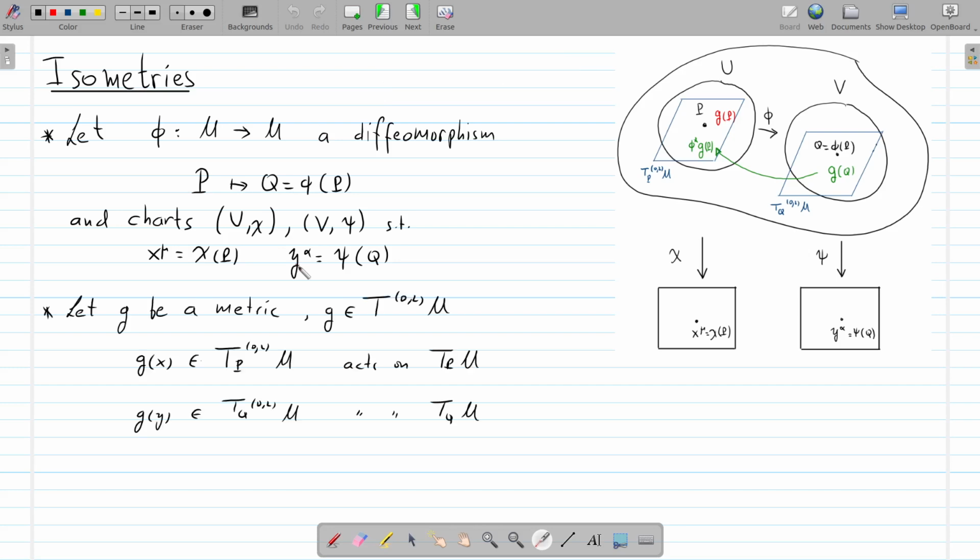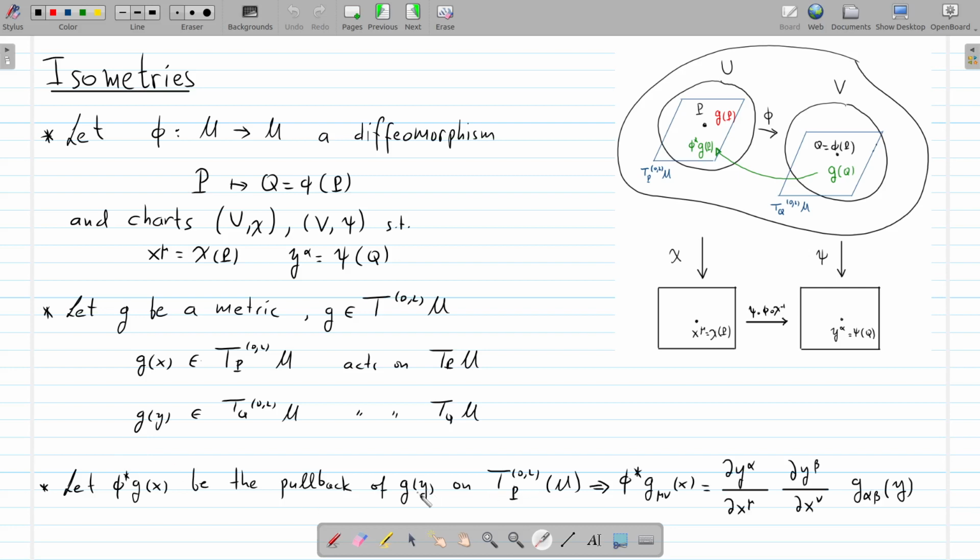Let us also have a metric on the manifold, and let's denote by g(x) the metric at the point P, and by g(y) the metric at the point Q. Let us use the map to pull back the metric from the point Q to the point P, and φ*g is this pullback.